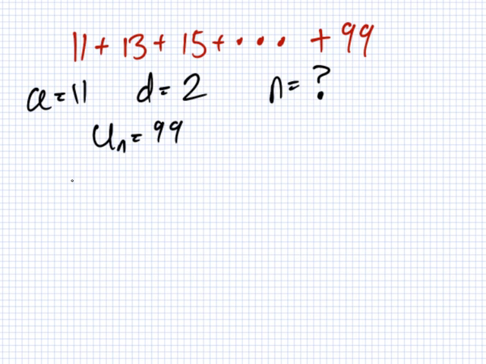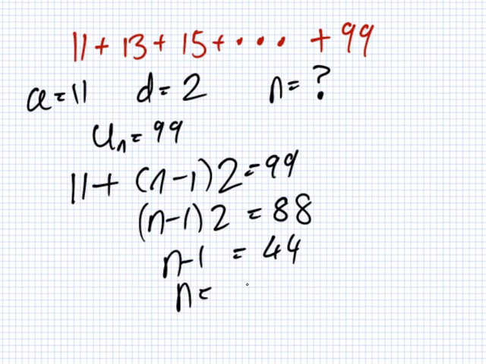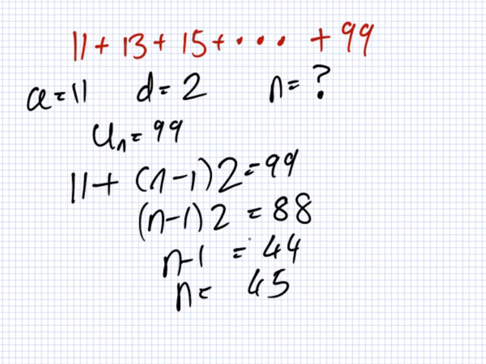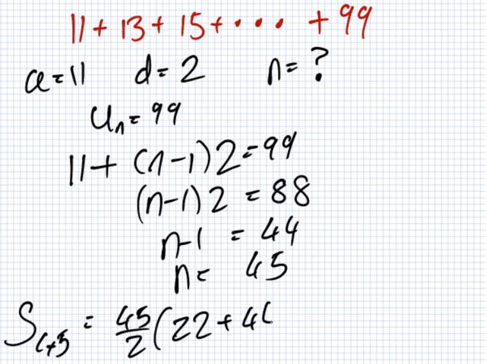So that means a plus n minus 1 times d equals 99. So n minus 1 times 2 equals 88. So n minus 1 equals 44. So n equals 45. Then S_45 is n over 2 times 2a plus n minus 1 times d. So that's 45 times 55.